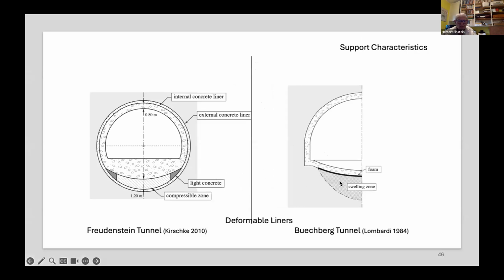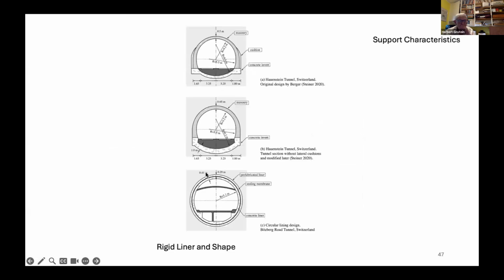This is again by him, even with a curved arch at the bottom of the invert, still some swelling, and he places some foam here. This is by Kirschke. This is a tunnel in Germany, again deformable support. Now this is the Hanstein tunnel that I showed you at the very beginning, where this was the original support here, relatively flat curvature and not quite thick, and then we replaced it by this relatively recent rigid support.